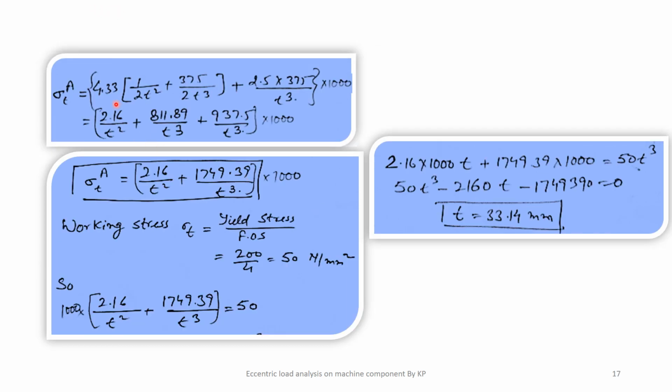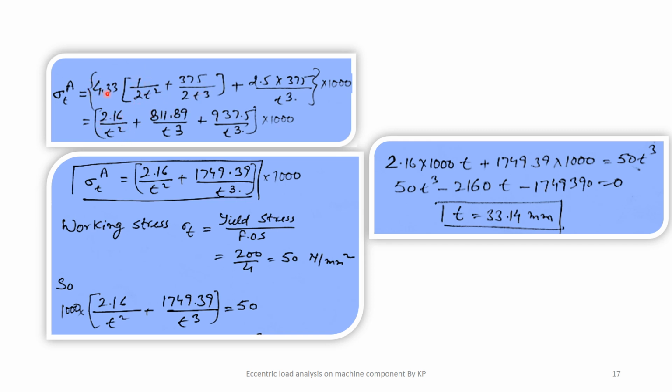Now we put in the value of the vertical force. The vertical force is 4.33 into 1000. So we take 1000 outside the bracket here, because this force is in kilonewton, and by multiplying by 1000 we get this value in Newton. Similarly here, 2.5 is the value of PH. We multiply this value by 1000, so we take 1000 common outside. We solve the terms inside the bracket, and we get this value 2.16 divided by T square.